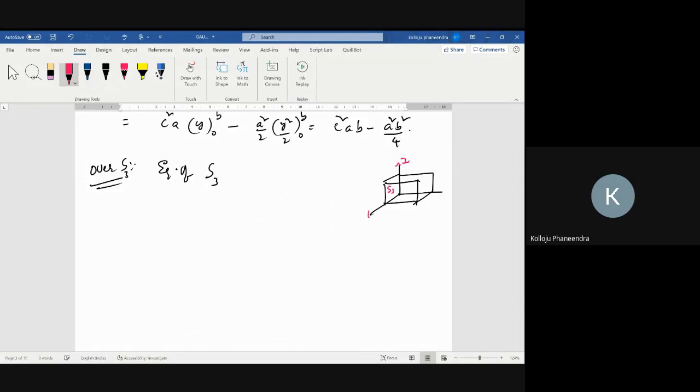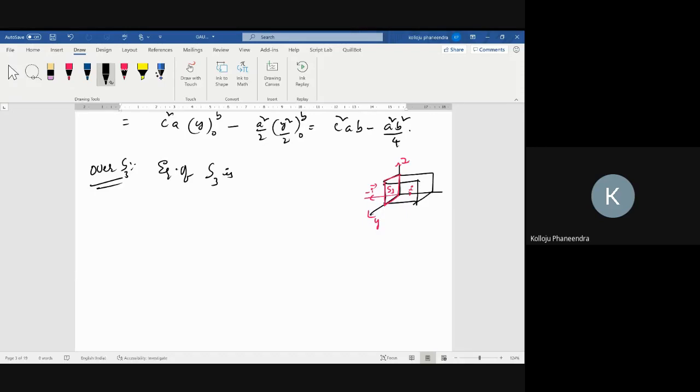This is Z and this is Y. This side, this part. And what is the normal vector actually? This is i bar, and I have to take the normal vector on this side. This is positive i bar, therefore this is negative i bar. Negative i bar. The equation of S3 is the YZ plane.